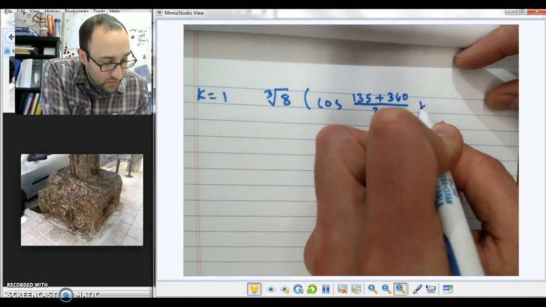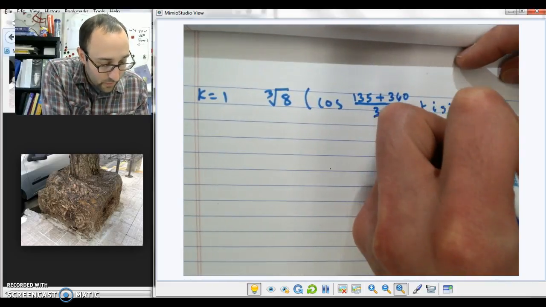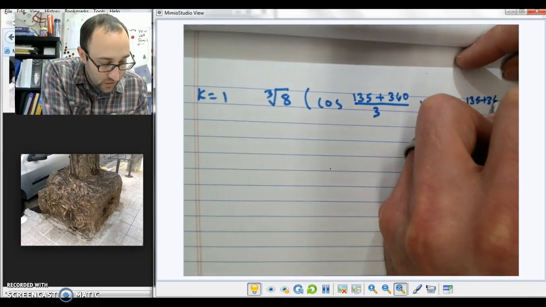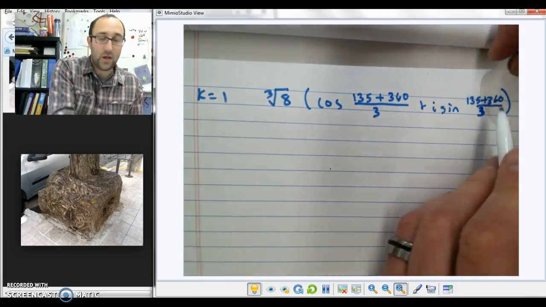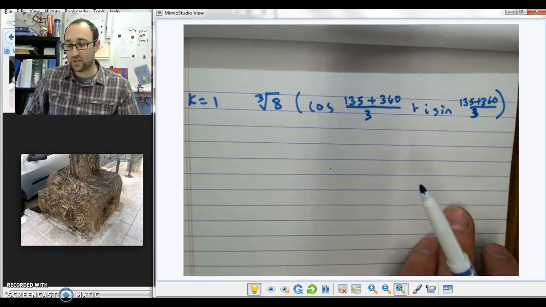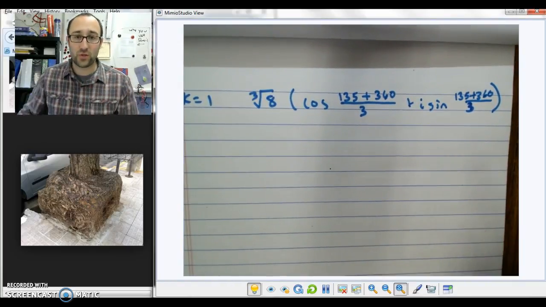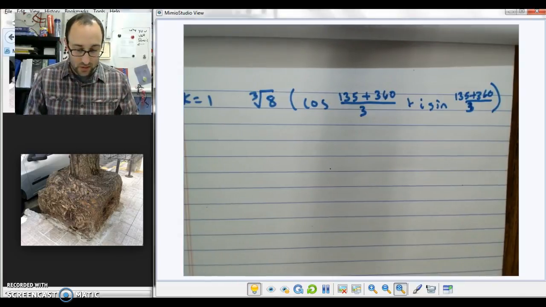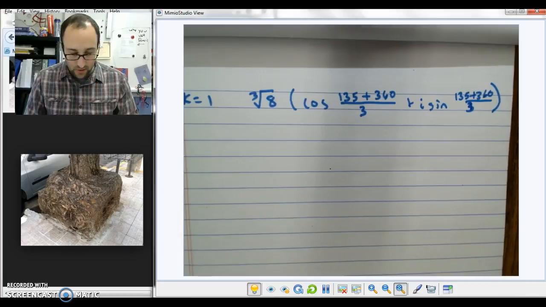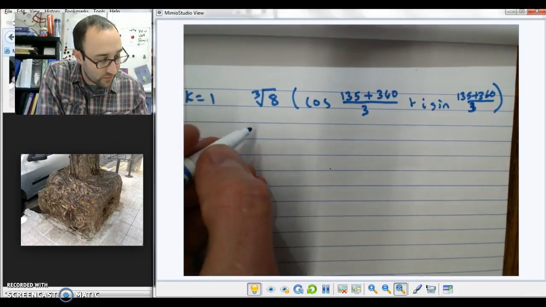And then it's going to be plus I sine of 135 plus 360 all over 3. Okay, now I'm just using degrees because I had degrees in the original. If you wanted to use radians, you could also do that. So 135 plus 360 is going to equal 495 divided by 3, and I should get 165 degrees.